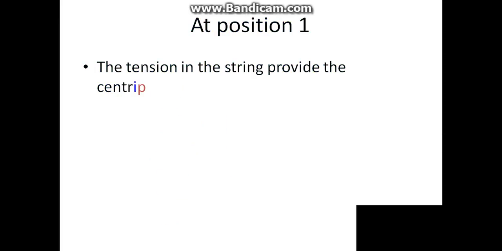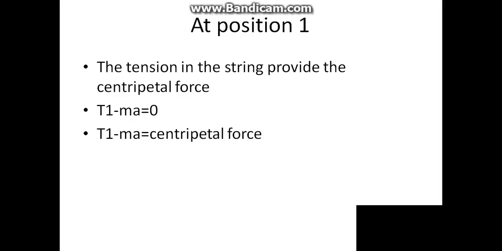At position 1, the tension in the string provides the centripetal force. T1 minus mg is equal to the centripetal force, mv squared over r. T1 now becomes equal to mv squared over r plus mg.